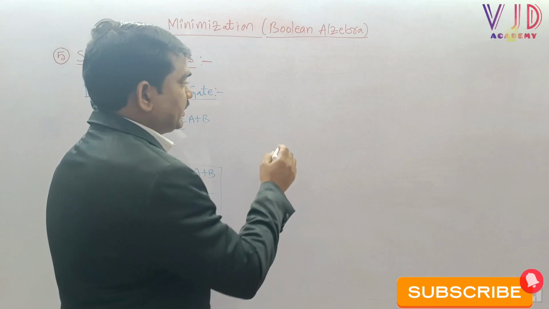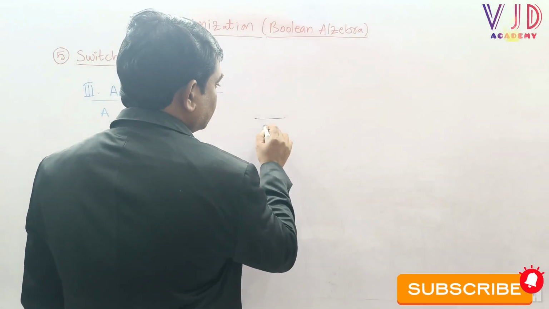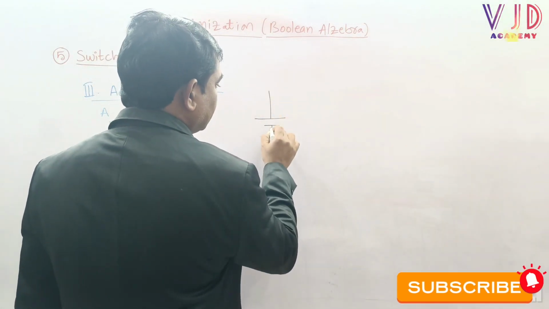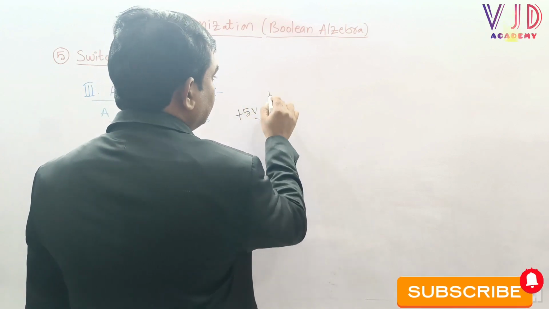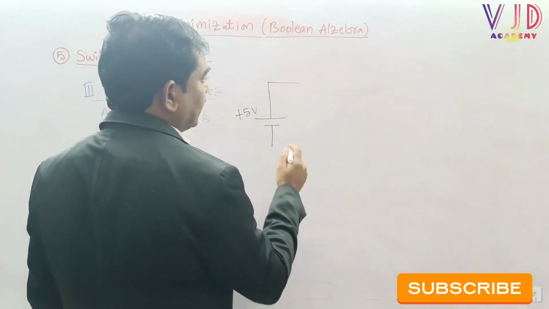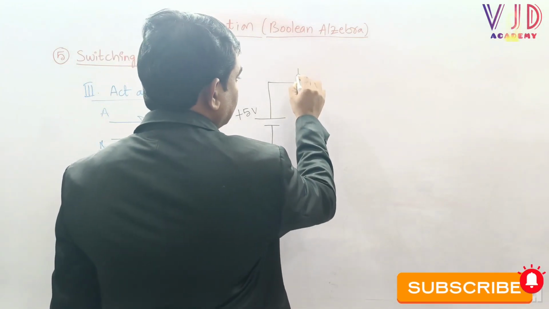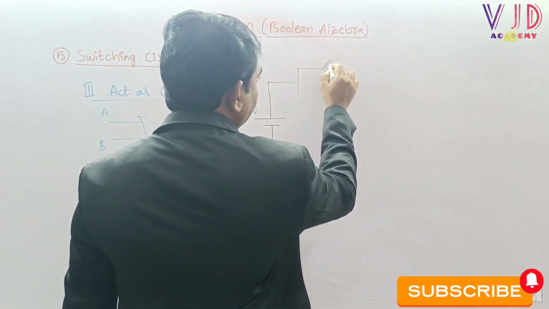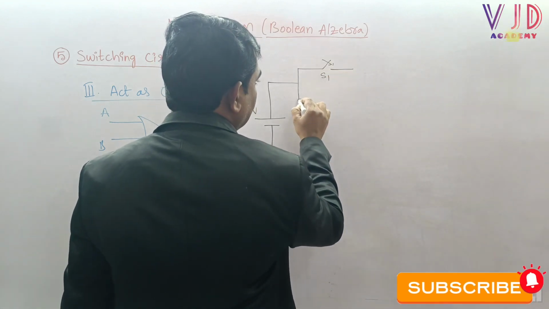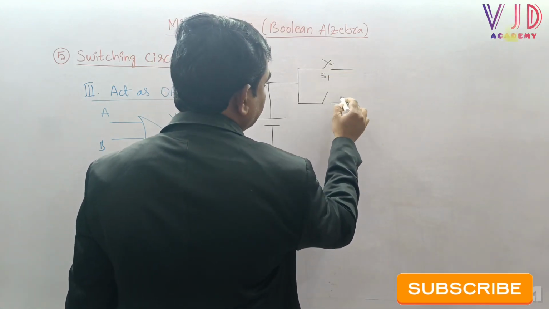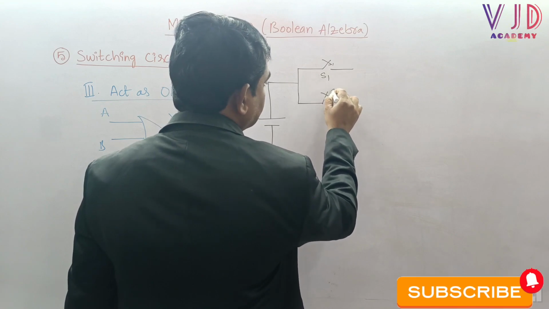Here, sir, let me take one switch circuit. Here I would like to connect a plus 5 volts power supply. Let me connect these two switches in parallel. This is switch 1, S1, and let me take another switch here parallel to switch 1, S2.